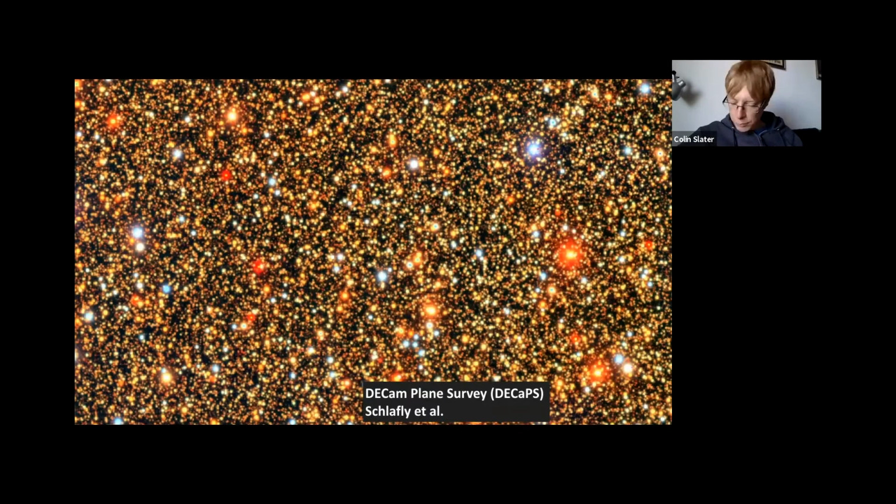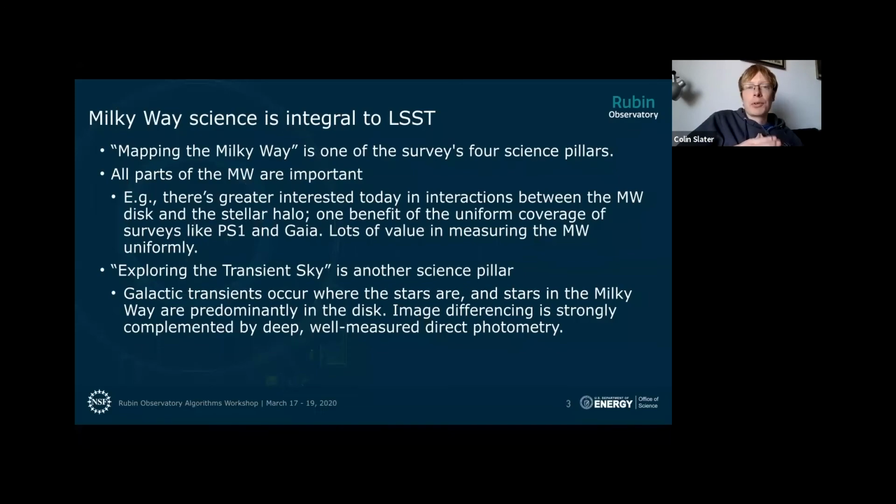So, to back that up a little bit more, I think it's worth reiterating that Milky Way science is integral to LSST. It's one of the first science pillars that was in the original science book when the survey was proposed. And it's really true that this is all of the Milky Way, not just the high latitude stellar halo.